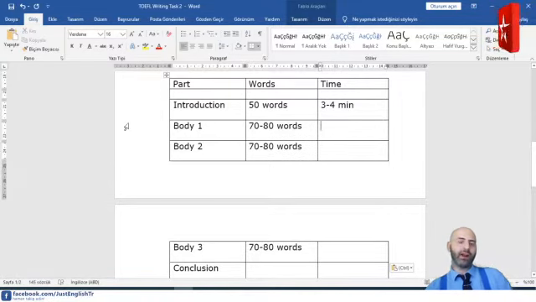And what do you think? How many minutes can we spend on it? How many minutes can we spend on our essay body paragraphs?